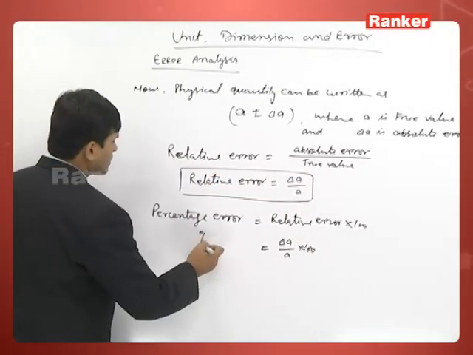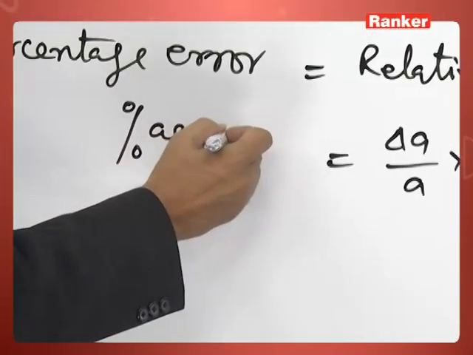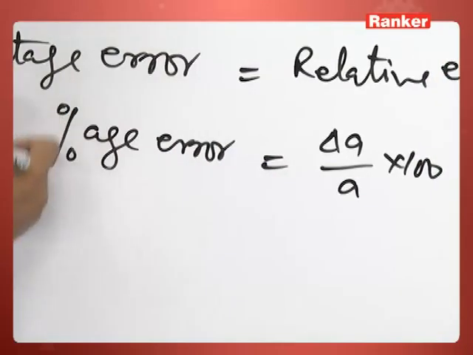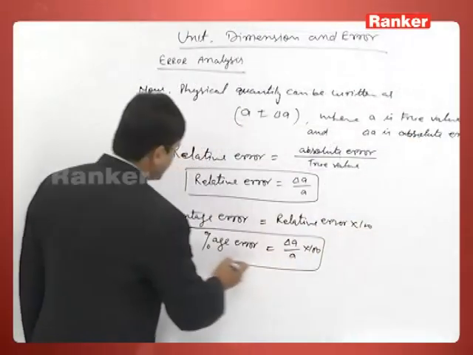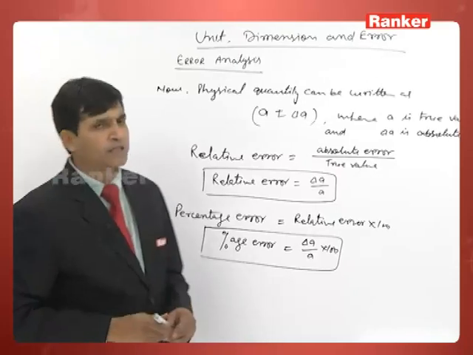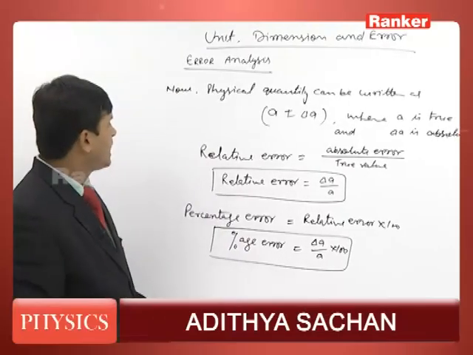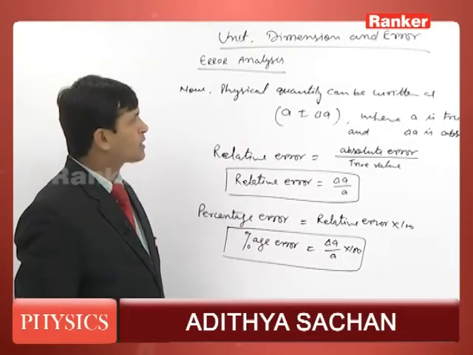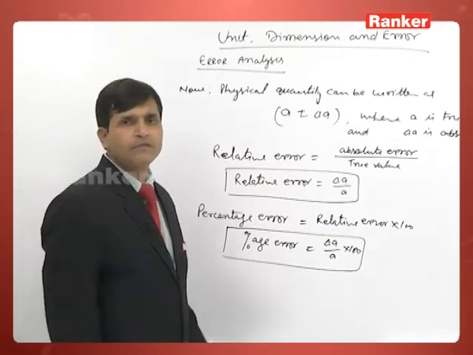This is called your percentage error. So this is the method of expression of percentage error and relative error. Now come to the propagation of error.